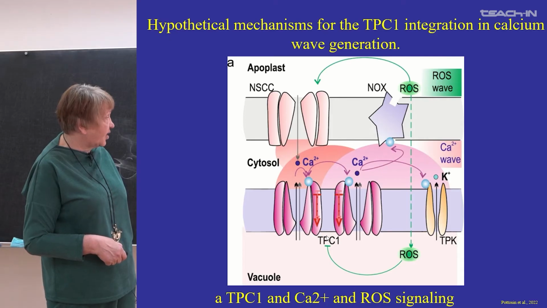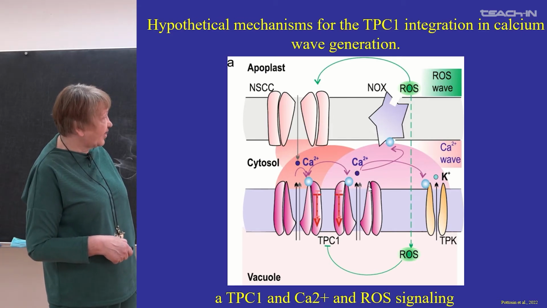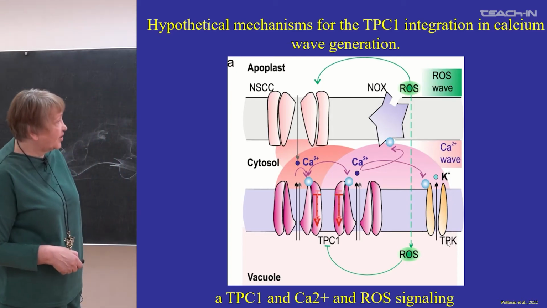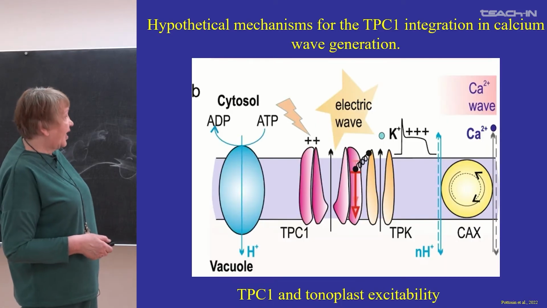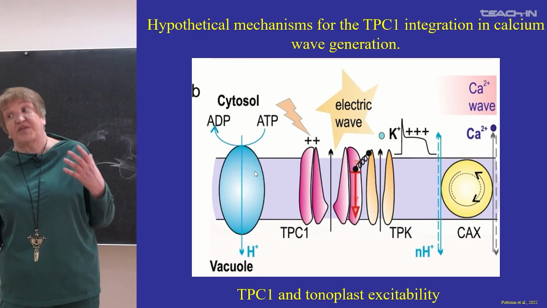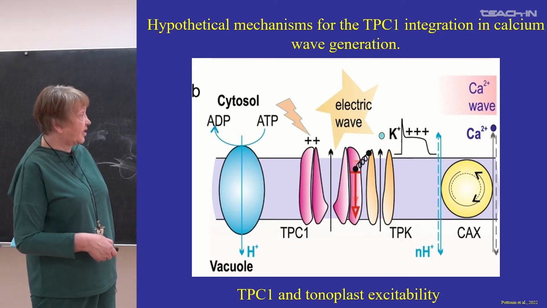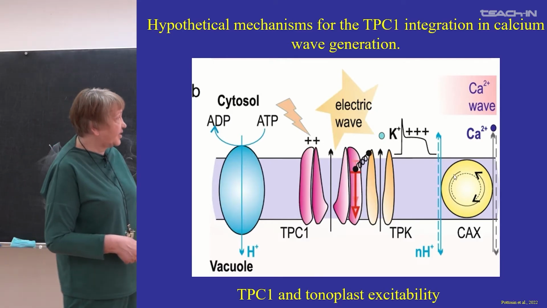And then TPC1 releases calcium from the vacuole, so there is an additional increase, which is activating TPK1 channels, releasing calcium from the vacuole, and that results in changes in potential on the tonoplast, and this activates calcium proton antiporters, CAXs, which increase calcium inside.